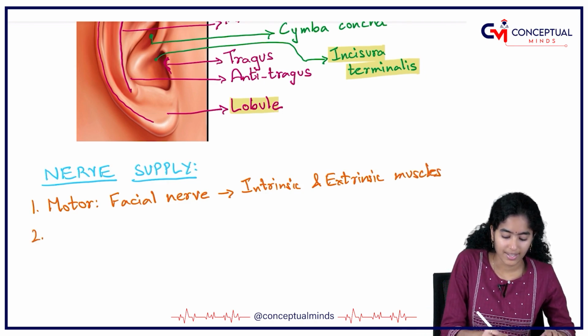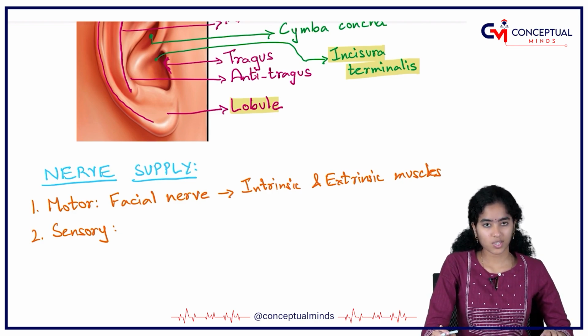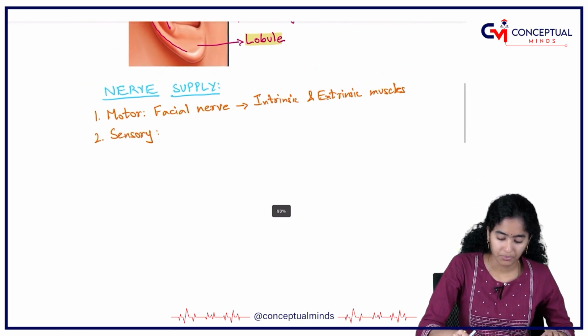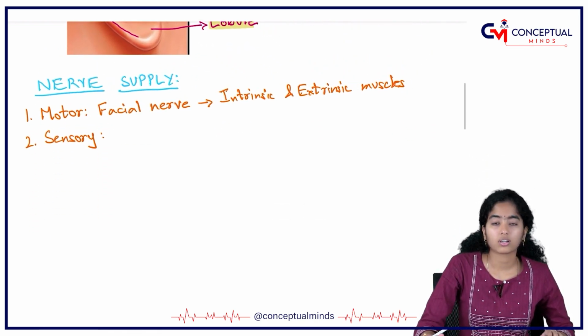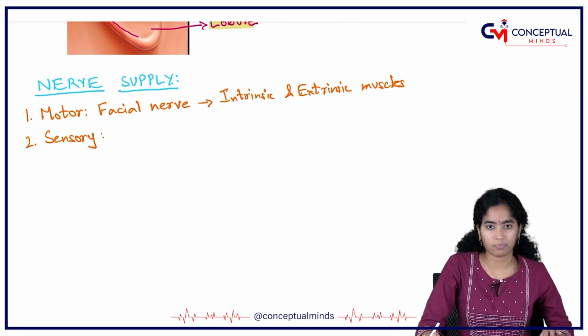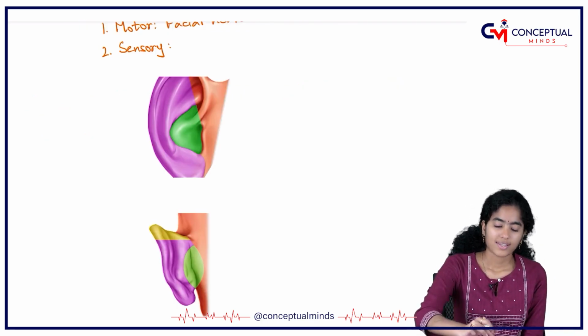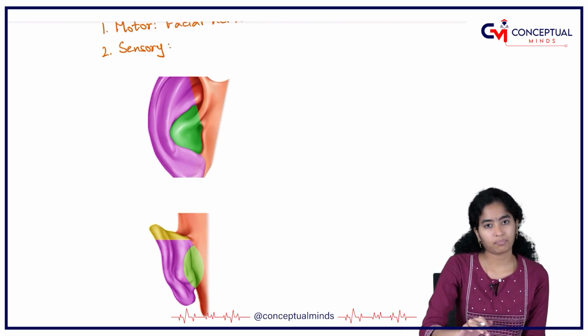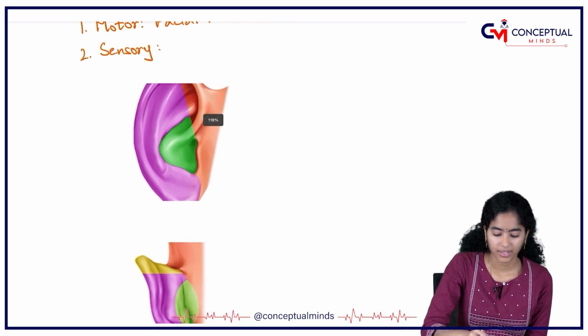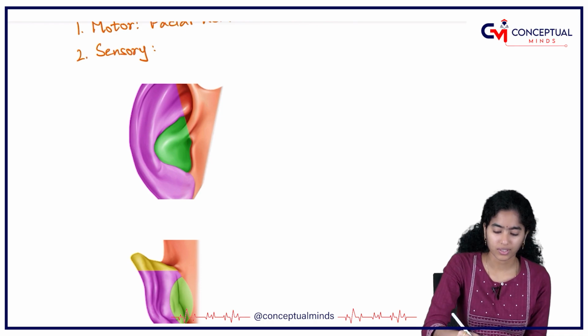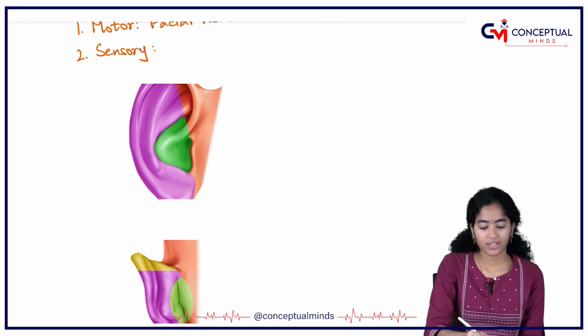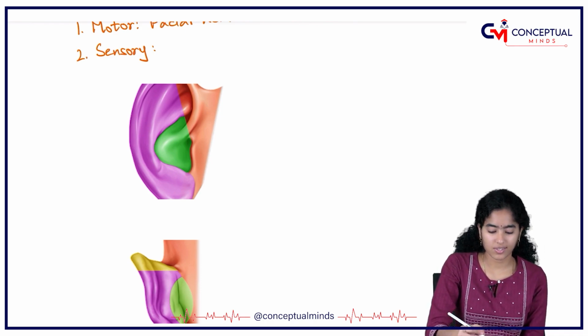Second, sensory. The sensory supply of the auricle is very interesting because there are various nerves supplying it. If we look at the sensory supply, this is the lateral surface of the auricle, and we have three colors depicting the various areas.